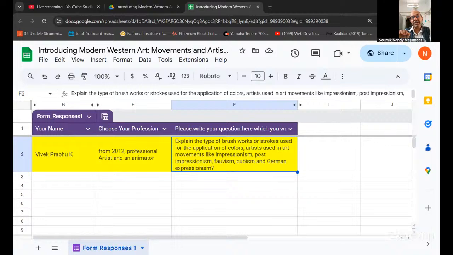Why? Because when you apply in a long continuous brushstroke, again, you tend to create an illusion of the real. But when you apply the same thing in small, broken, fragmented brushstrokes, then what is happening essentially is that maybe the form that you see is not very clear.